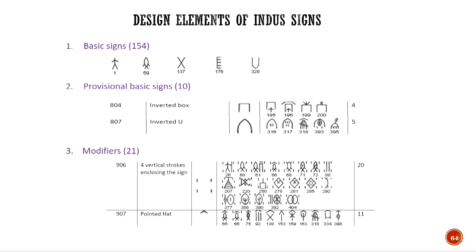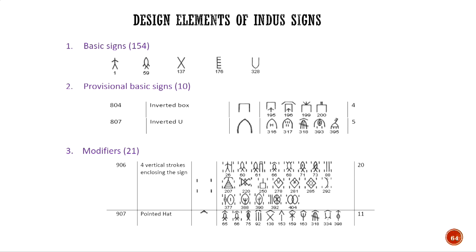This one, for example, did not occur as a sign in the sign list, but it occurs as a component of different signs. Then we also have this inverted form. Then we identified 21 modifiers. These are examples of 2 modifiers shown over here. And these are the 4 different strokes.